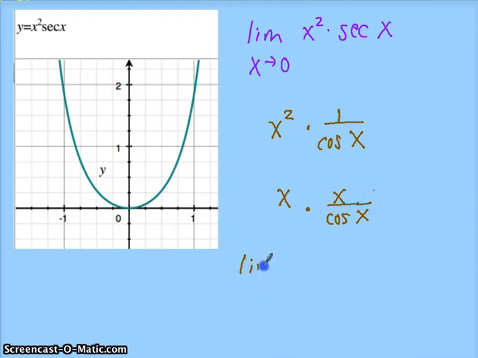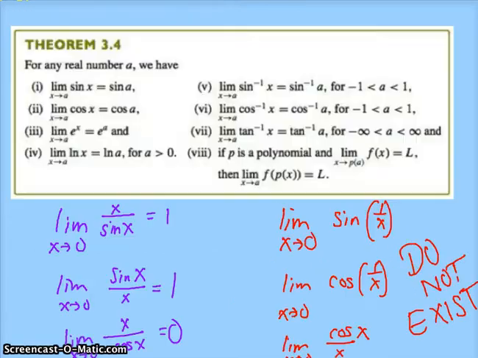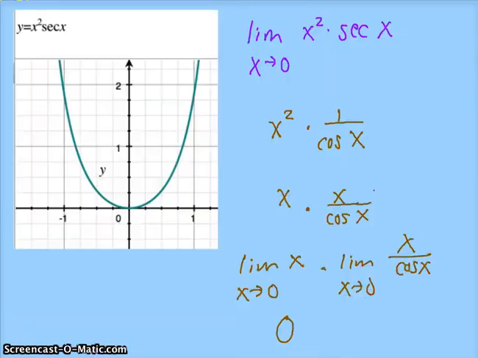Okay, so now I can see, does the limit of x exist as I approach 0? Yes, it's 0. Does the limit of x over cosine of x exist? And you're saying, how do I know that? Well, you should remember that from here. Yes, it exists and it is 0.